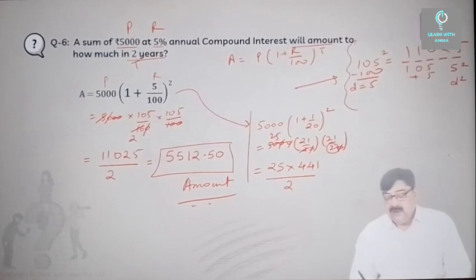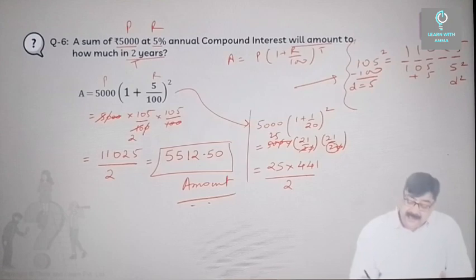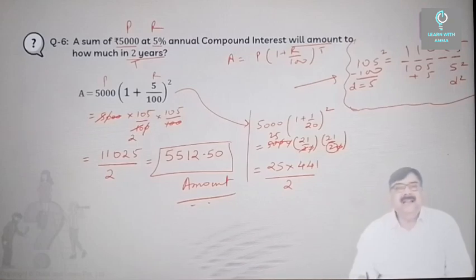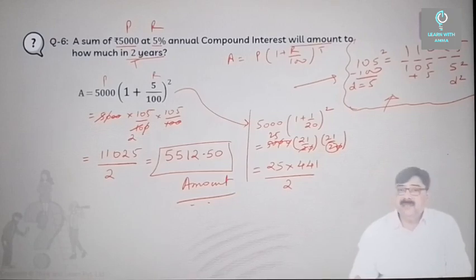Now then again, 25 into 1, 25 into 4, 25 into 4. Then dividing it by 2, it becomes a little cumbersome. So even if you can save 5 to 10 seconds per question, you would definitely be able to increase the number of attempts. That is why you need to know these tricks for speed maths.